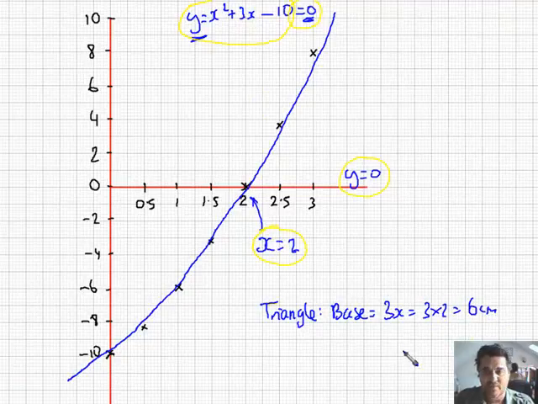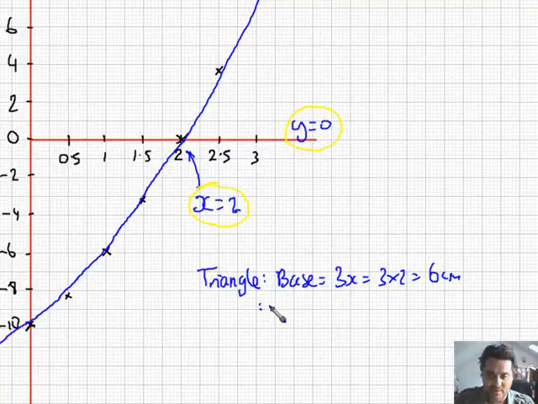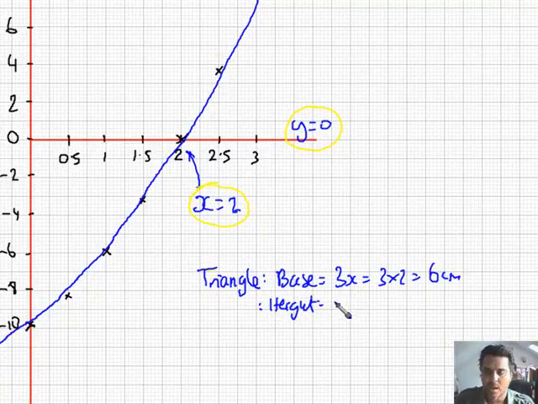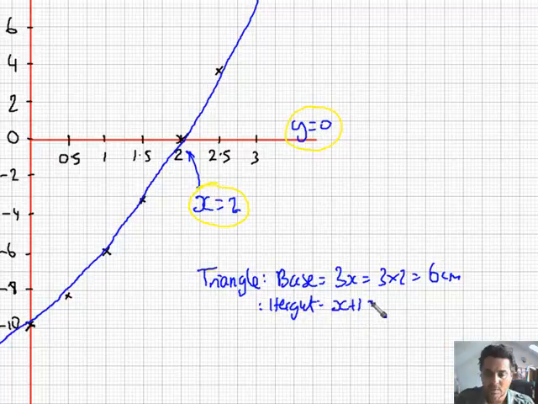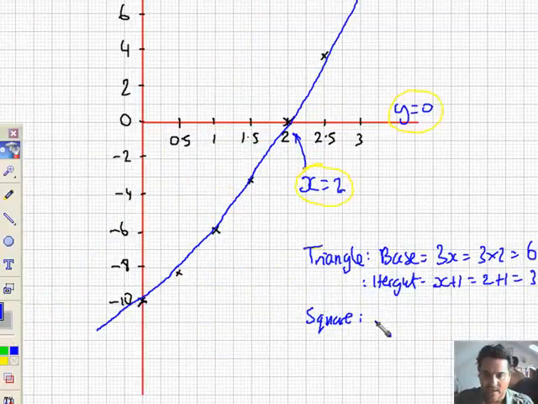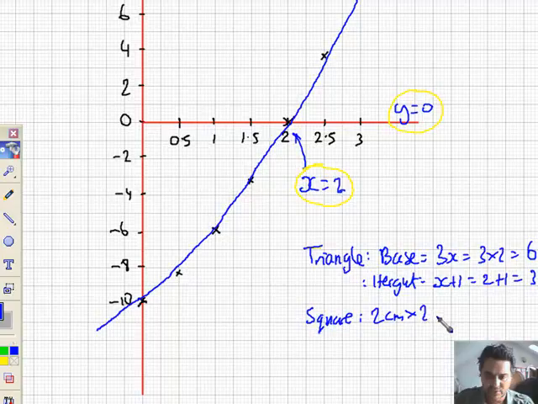Very simple. And the height is x plus 1, which means 2 plus 1, therefore it's got a height of 3 centimeters. And the square is dead easy, because it just goes x by x. That's going to be a 2 centimeter base by a 2 centimeter height, and that's all there is to it.